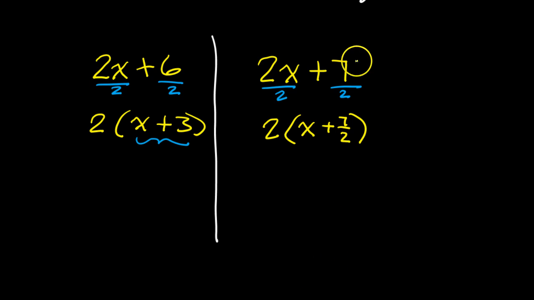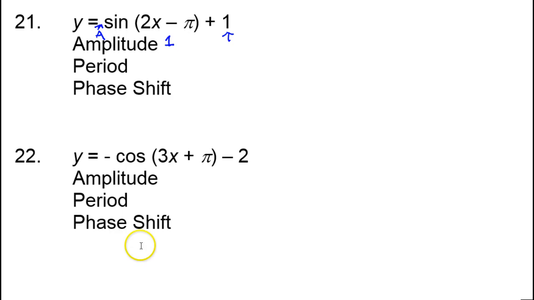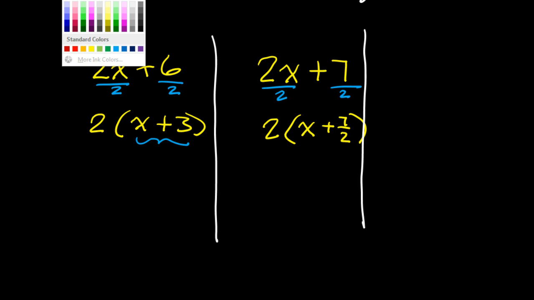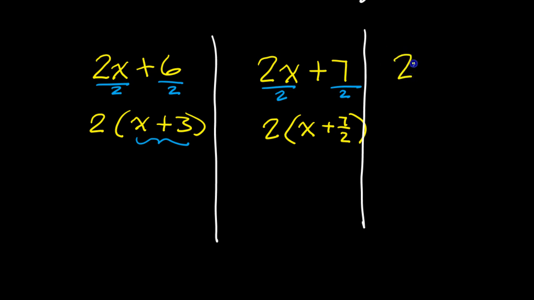Okay, now that you understand that, we are ready to talk about rewriting this equation. So if I have 2x minus pi, if I really want to pull out that 2, I can, as long as, just like I did on the previous two examples, I divide each of these by 2.